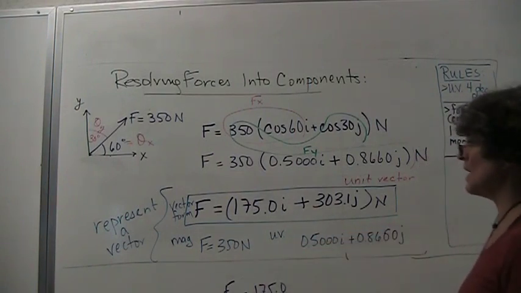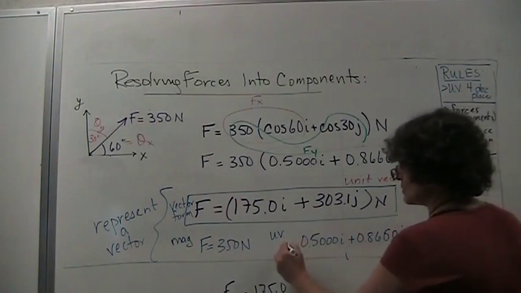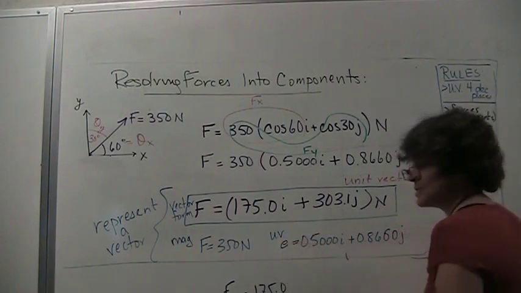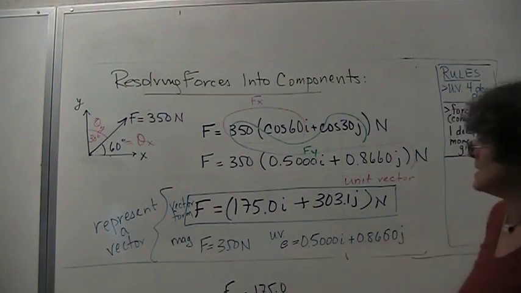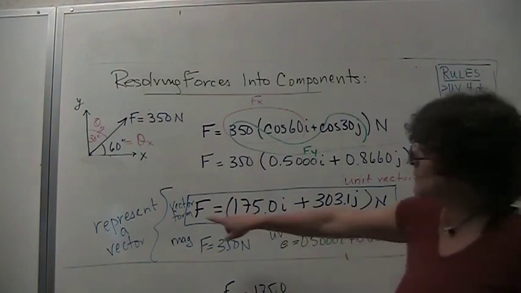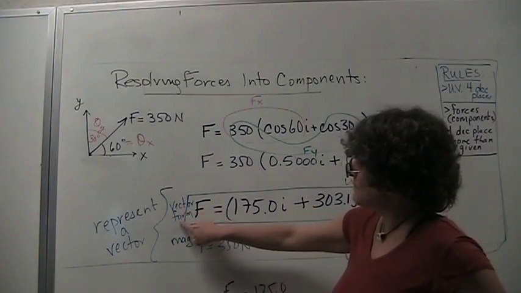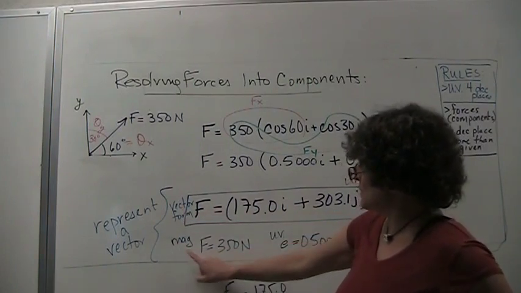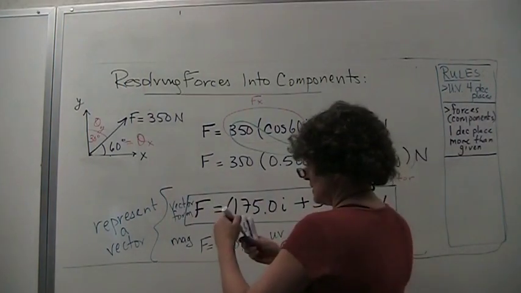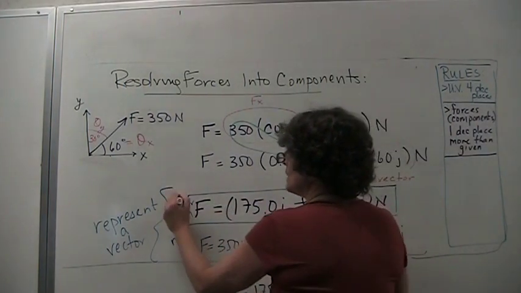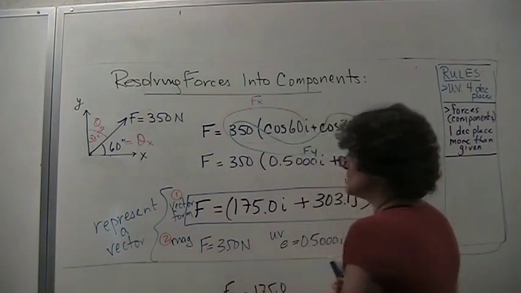Another thing to realize is that engineers represent unit vectors with an e, which is kind of weird. I think in math it's a lambda, and I don't remember what it was in physics, but in engineering it's represented as e. So the first way to represent a vector is vector form. The second way is magnitude and unit vector.